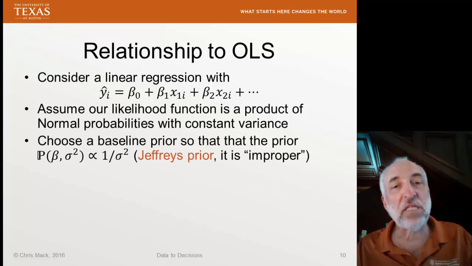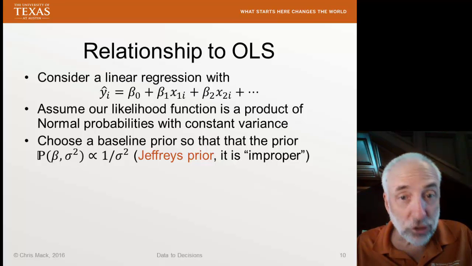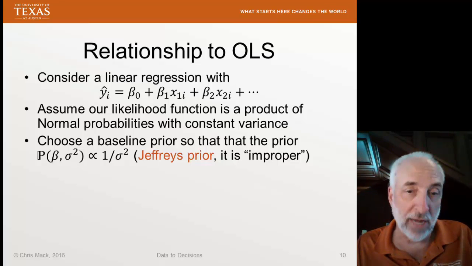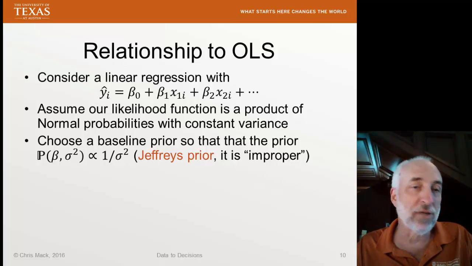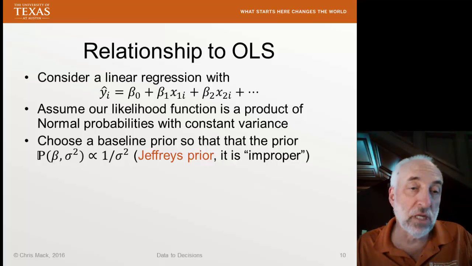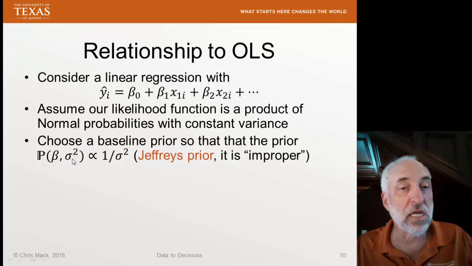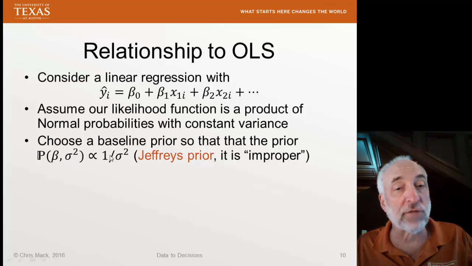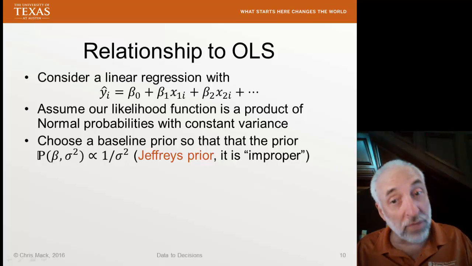But now let's do a Bayesian regression, and we need to choose a prior. Let's choose something called the Jeffreys prior, named after Jeffreys, the guy who first came up with it. It essentially says the probability of the parameter set and our error variance will be proportional to 1 over the error variance. It's uniform.